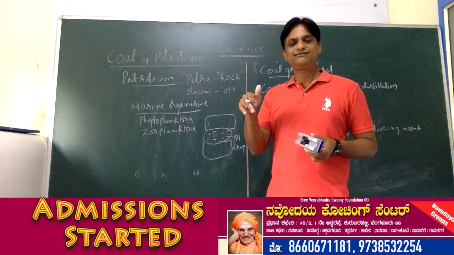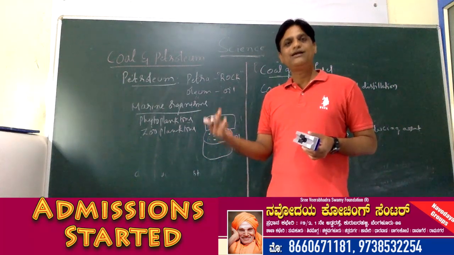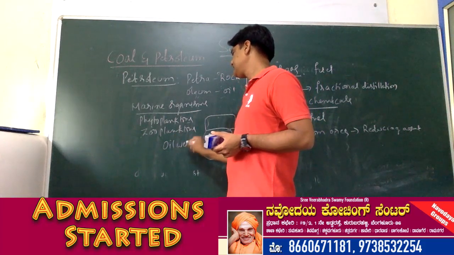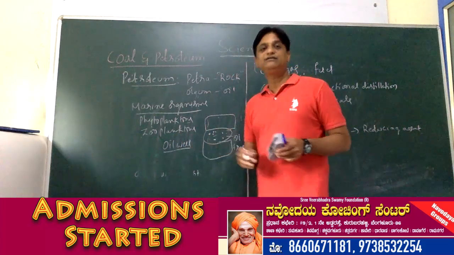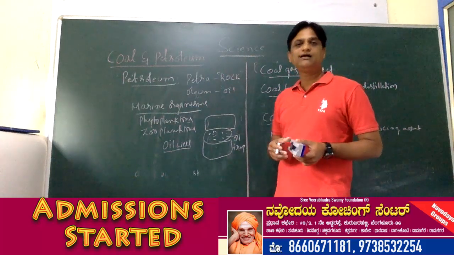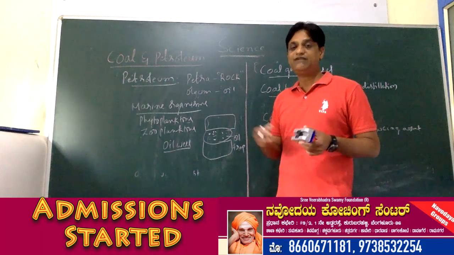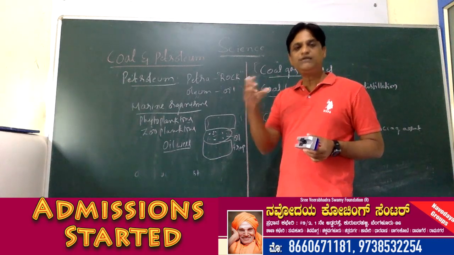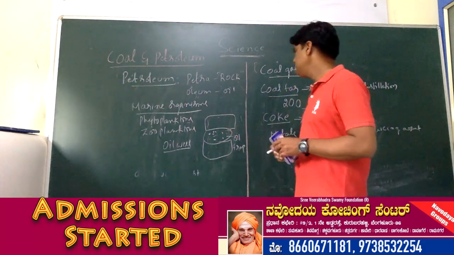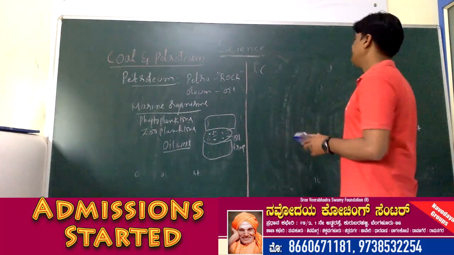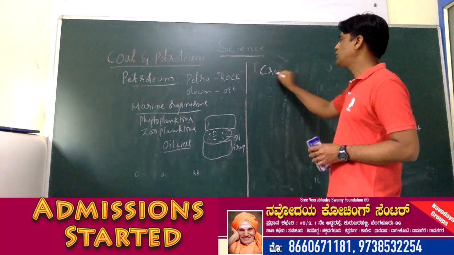Just like a borewell, an oil well will be located, and from that oil well they will get the required petroleum. Once petroleum is obtained, its other name is crude oil. Petroleum is also known as crude oil.